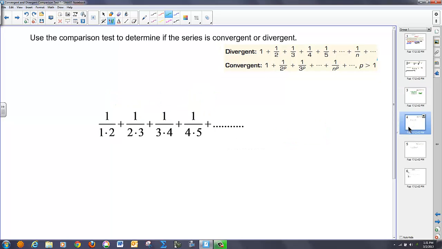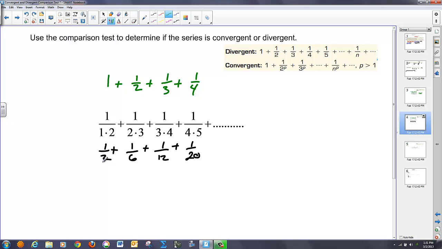In the next example, it might help if we rewrite this. So this is a half, this is a sixth, this is a 12th, this is a 20th, etc. And I'm going to compare that against, let's go green again, 1, a half, a third, a fourth, on down the line.